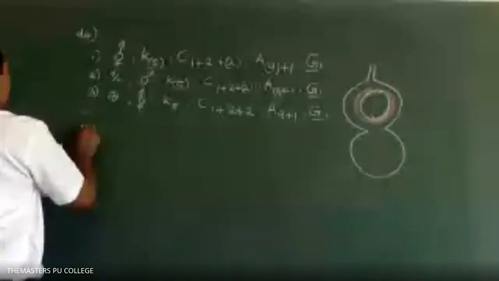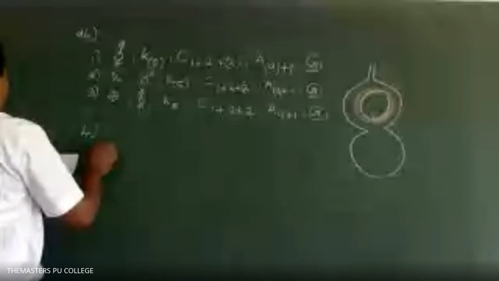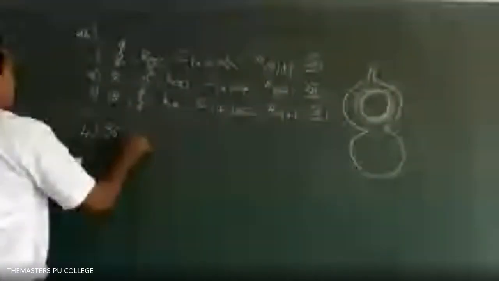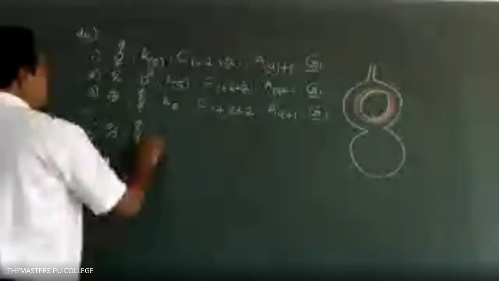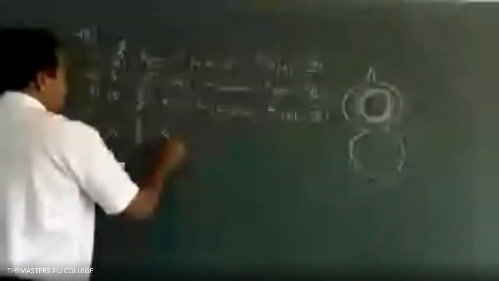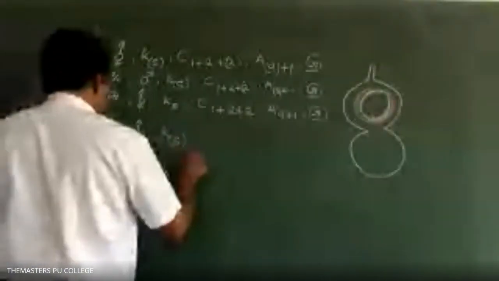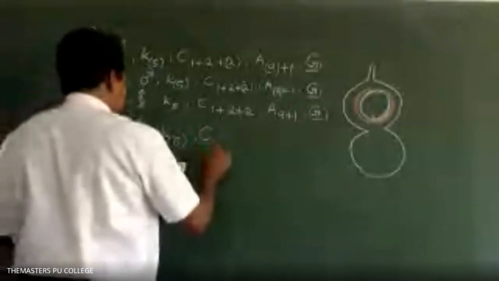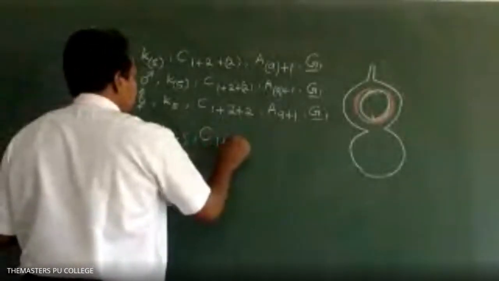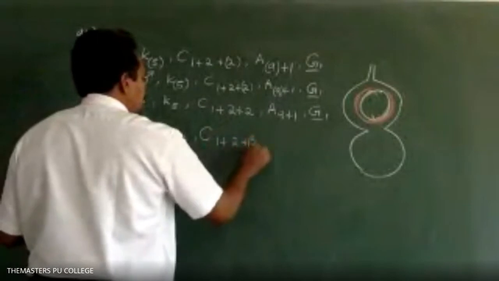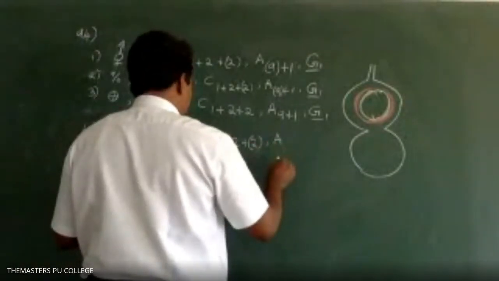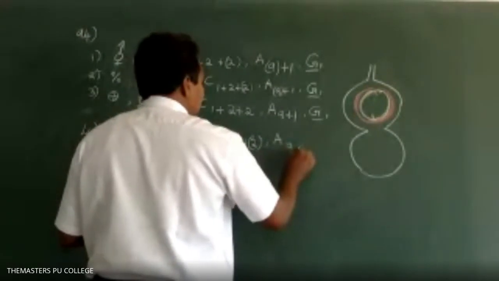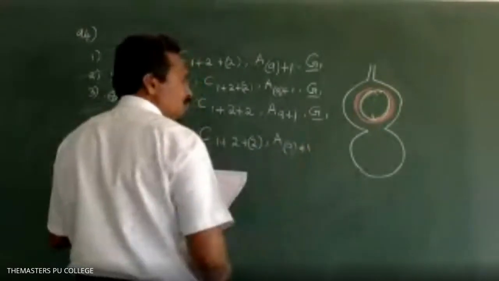Next, the fourth option: flowers are zygomorphic, bisexual, sepals 5 united, petals 5, C 1 plus 2 plus 2 within bracket, androecium 9 plus 1, 9 filaments are fused to form one bundle.